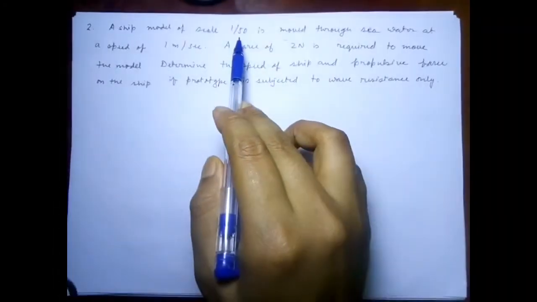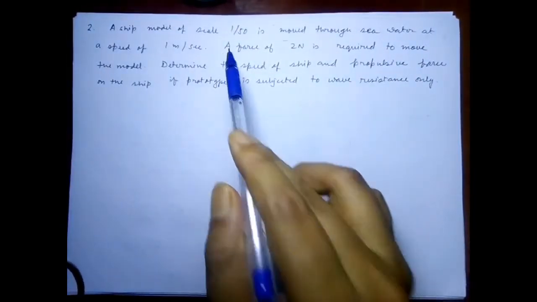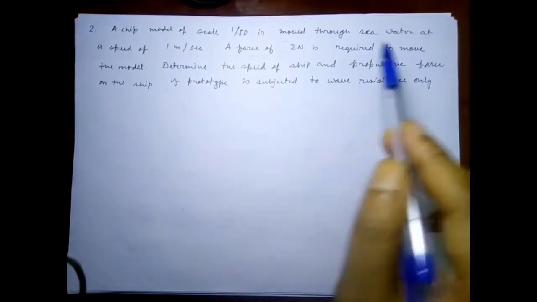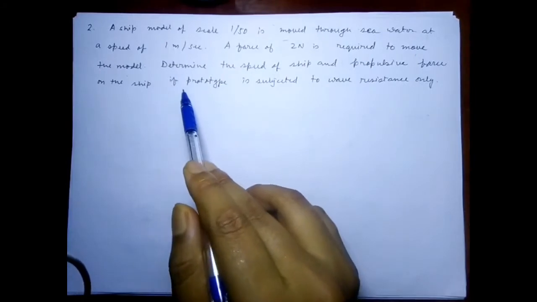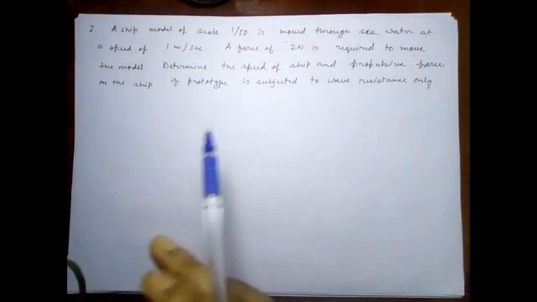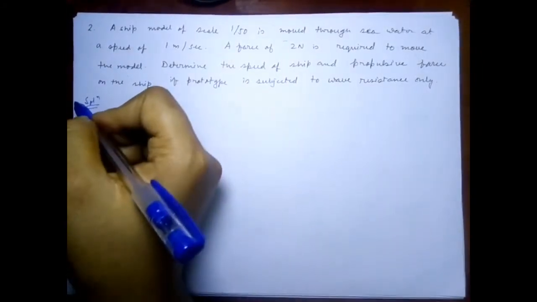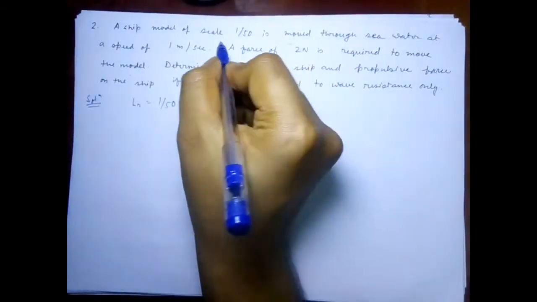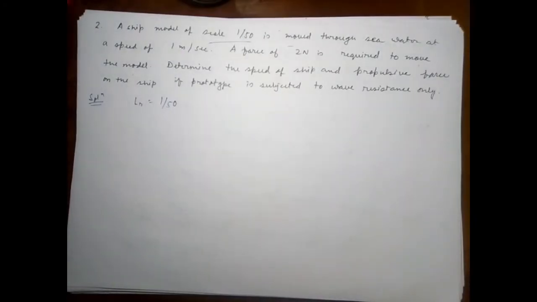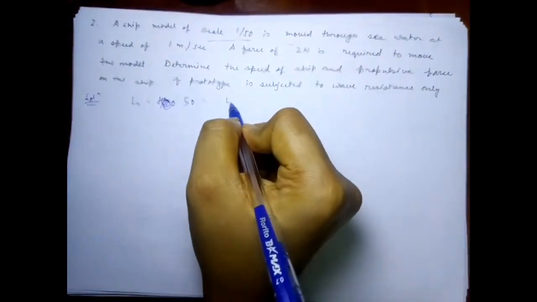A ship model of scale 1 upon 50 is moved through sea water at a speed of 1 meter per second. A force of 2 Newton is required to move the model. Determine the speed of the ship and propulsive force on the ship if prototype is subjected to wave resistance only. So what we are given is a scale ratio Lr equal to 1 by 50, or I will actually write Lp upon Lm is equal to 50, because the prototype will be larger.